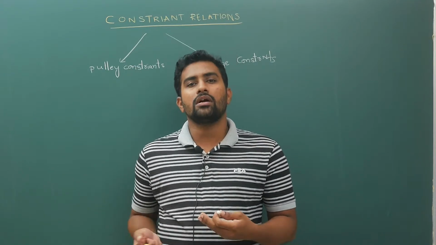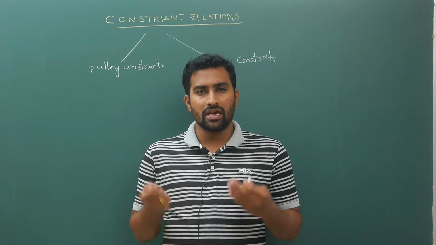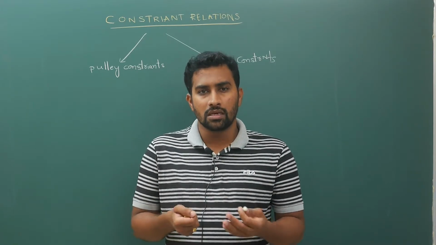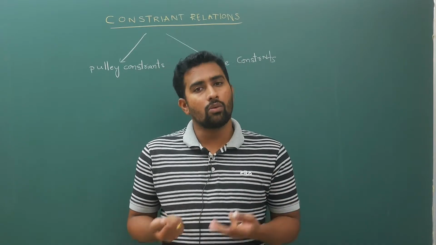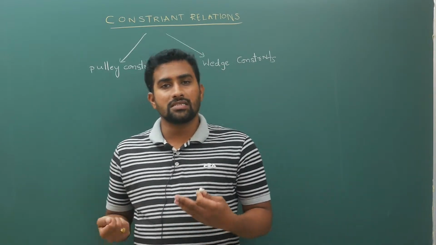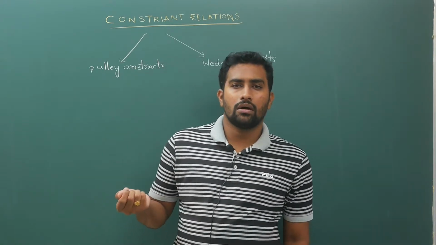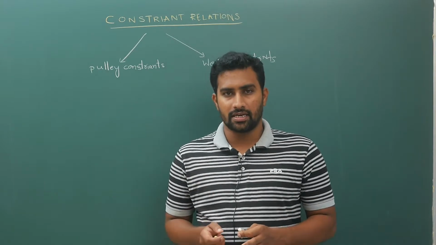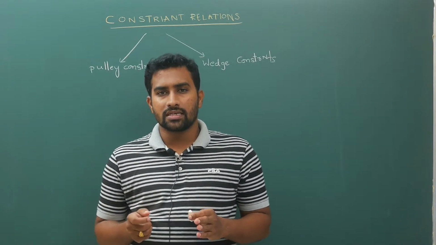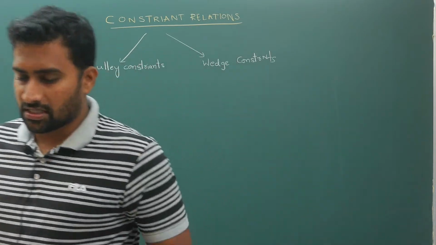Whether a bike or cycle, whatever you take, it is constrained to move on the road, means it will go on the road only. It will not go on air or water. An aeroplane is constrained to move on land as well as air. So constrained means there is some condition indirectly. The meaning of the word constrained is condition. Conditions are there.